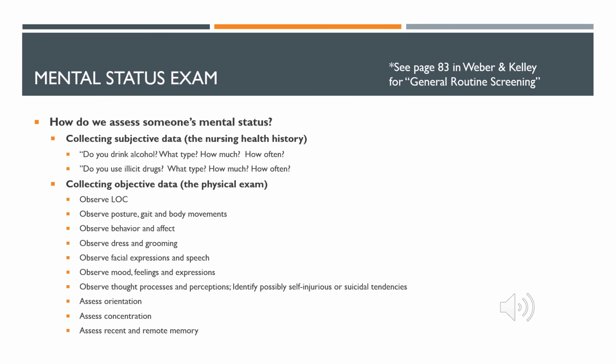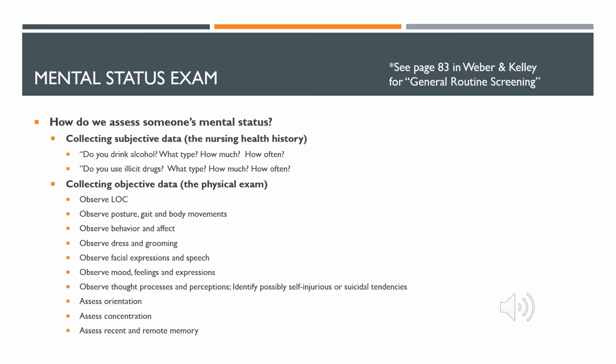So an assessment of mental status is accomplished by interviewing the client, getting that subjective data in the nursing health history, and observing the client, observing his or her behaviors in that physical exam. So in the subjective data in the nursing history, you're going to be asking questions like, do you drink alcohol? Do you use illicit drugs?